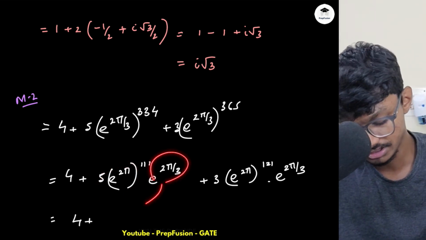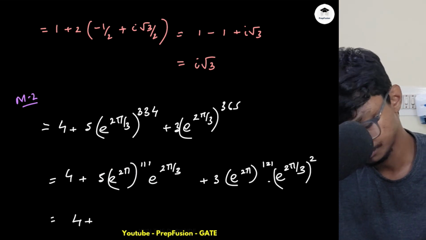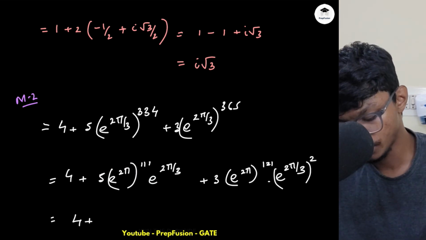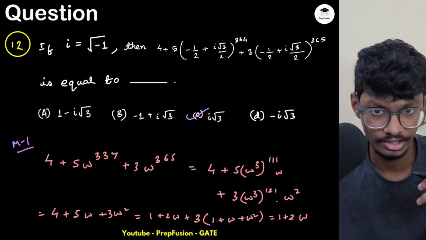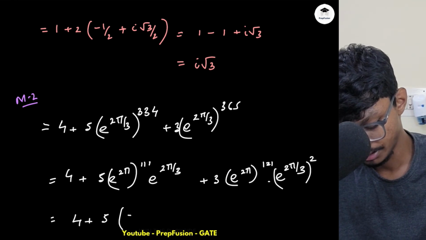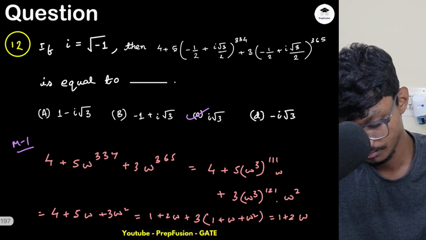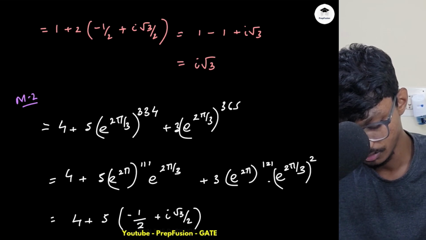Sorry, this is square actually, this will be whole square. So e raised to power 2 pi by 3 is this, which you back calculated. So I will write it here directly: 5 times (minus 1 by 2 plus i root 3 by 2).